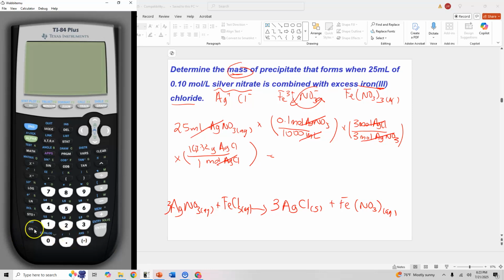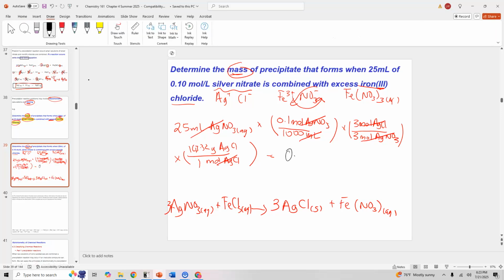Here we go. 25 times 0.1 over 1,000, times, you don't really need to do the 3 over 3, but we can just do it for completeness, times 143.32. There we go, and so there's our answer. We began with 2 sig figs, so this is going to be 0.36 grams.